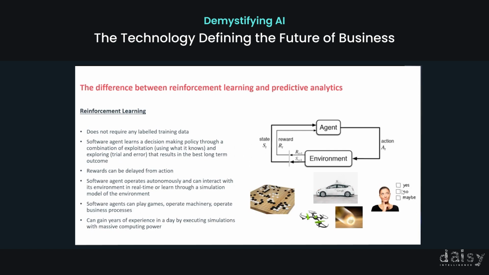You could be accumulating reward, where the reward is success, like you were able to put the right block in the right hole. You get a 1 or a 0. Did I succeed or not? So your action is I put the square block in the square hole, and the environment is that board with the holes. You got the right hole. The reward is you got the right block in the right hole. You get a reward of 1. If you got it wrong, you got a 0. And so then you learn.